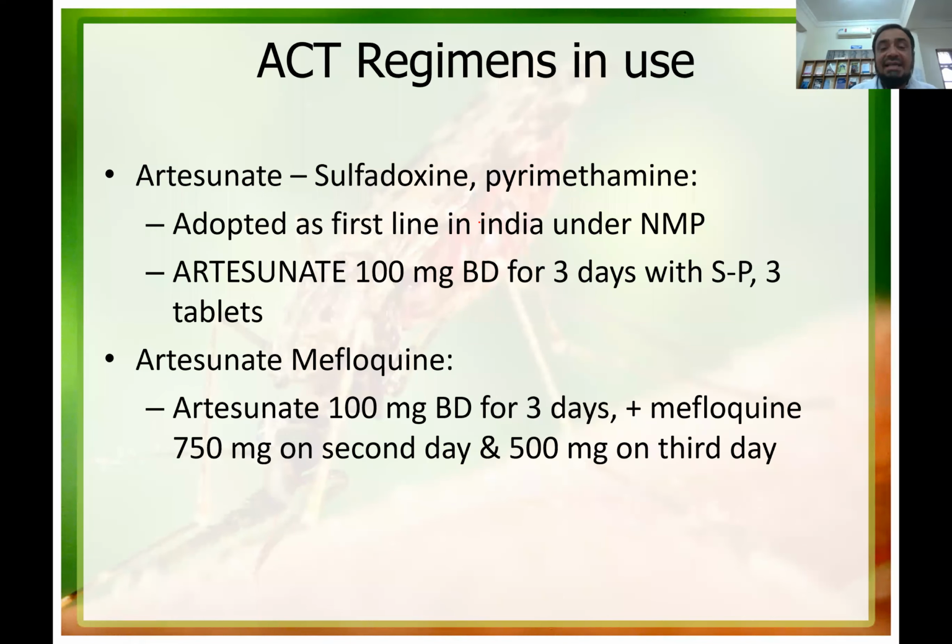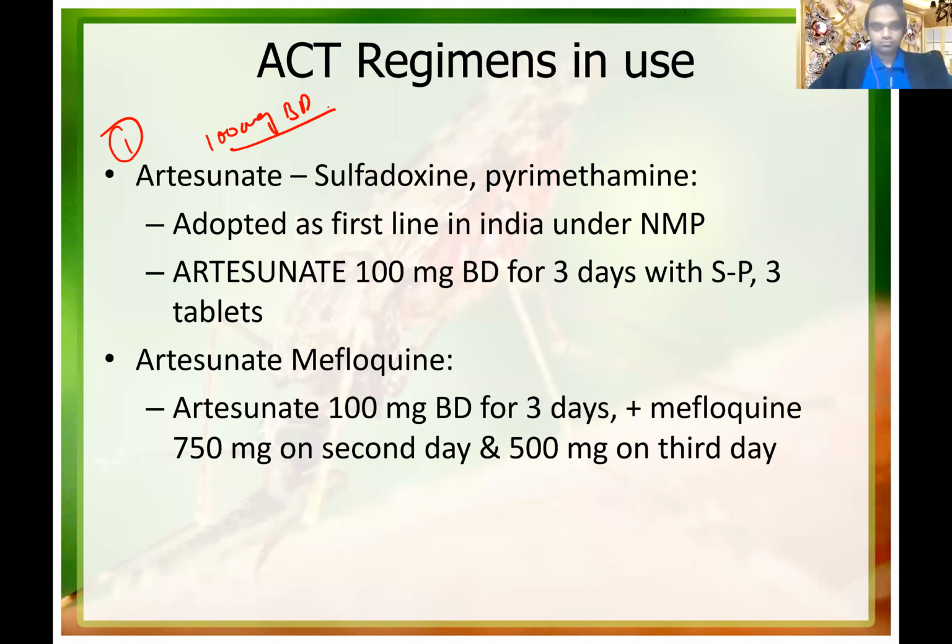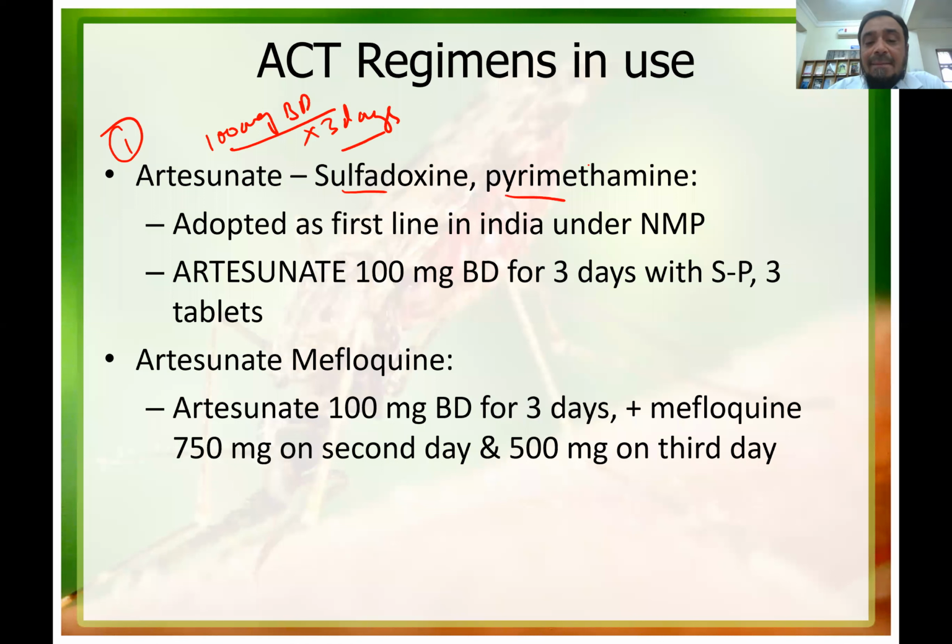So what are the ACT regimens which are approved by the WHO and which are used in India? The first is artesunate along with sulfadoxine and pyrimethamine. Remember, the dose of artesunate orally is always 100 milligram twice daily for 3 days. And along with this, we are adding a longer acting, slow acting drug, sulfadoxine pyrimethamine.